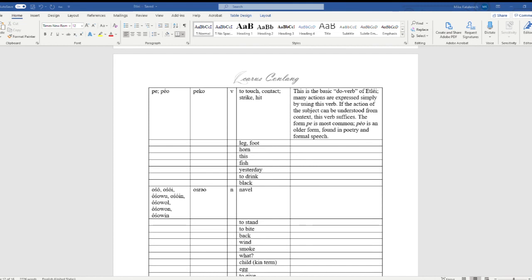Okay, L becomes the... Oh. Where is that? L before a front vowel becomes J, which is totally normal, except I don't want it to happen if it's following a consonant, if it's following a stop.